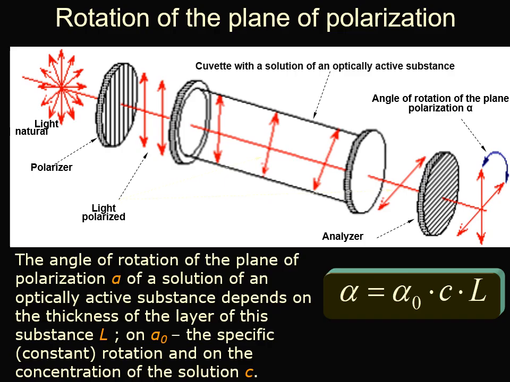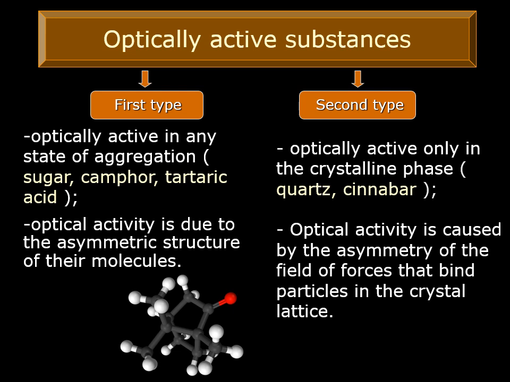To optically active media, there are a number of environments related. Let's first look at what an optically active medium is, and then move on to the direction of the rays in the saccharimeter.